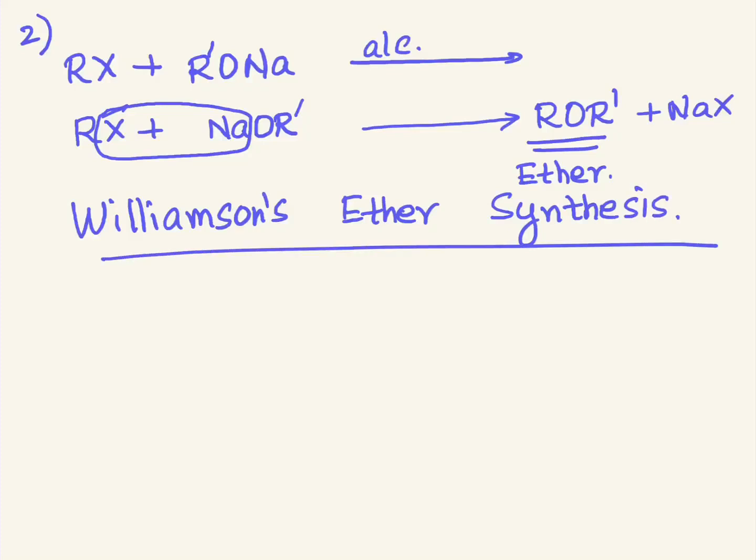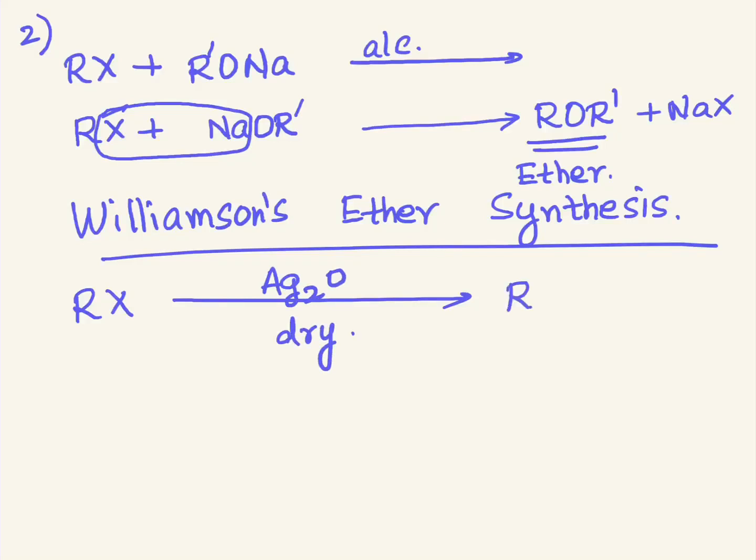Absolutely in the preparation of ethers. Interestingly, the same reaction occurs when you treat an alkyl halide with dry silver oxide as well. It gives you an ether, ROR plus AgX. Right? We shall be doing these again under the topic of ethers.